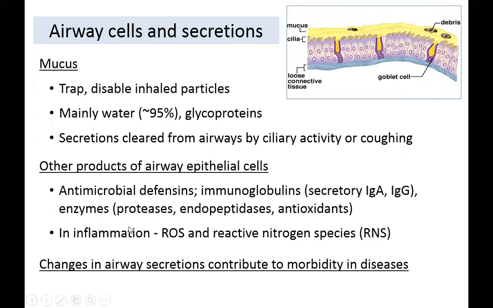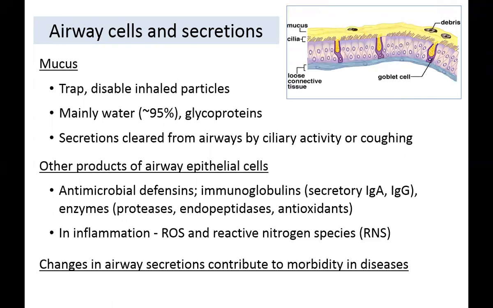What else is in mucus? Well, there are antimicrobial molecules produced, defensins, there's immunoglobulins, secretory IgA and IgG, and there's various enzymes, proteases, endopeptidases, and antioxidants. So mucus is mainly water and glycoproteins, but it contains other things as well that help protect the airways.